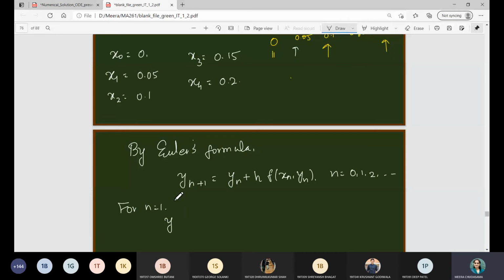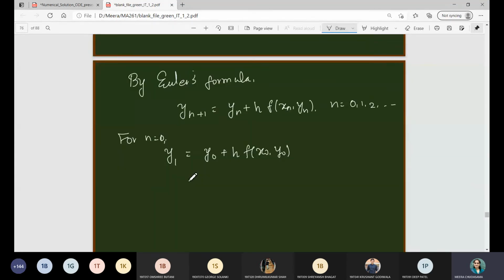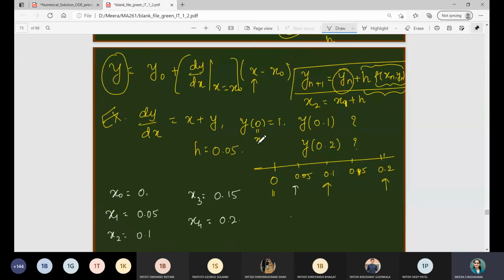First, n is equal to 0; I have to consider, not 1. So y1 is equal to y0 plus h f at x0, y0. So what is y0? We are given y0, and f of x, y is x plus y.